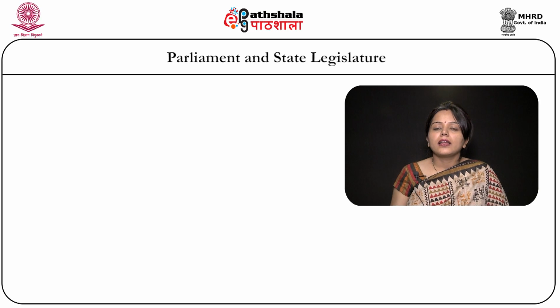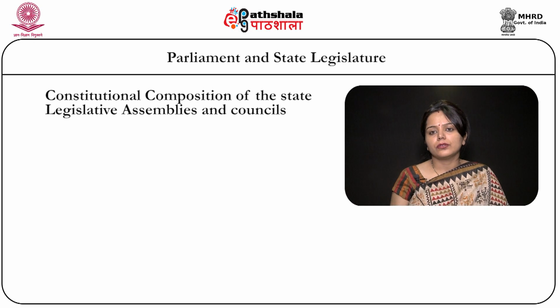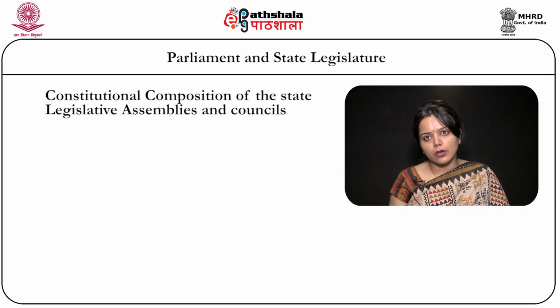Now, I will come to the constitutional composition of the state legislature house or houses. Students, firstly I will explain the state legislature house or houses. As we know, state legislature houses means we are talking about a bicameral system, and in India it is the discretion of the state to decide how many houses they want, 1 house or 2 houses.